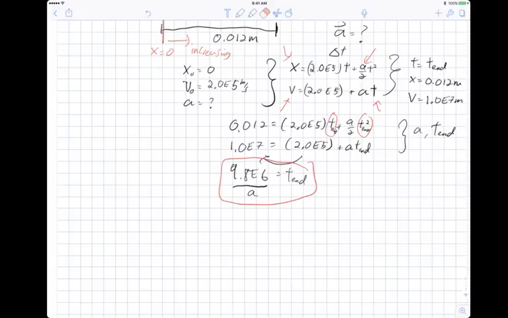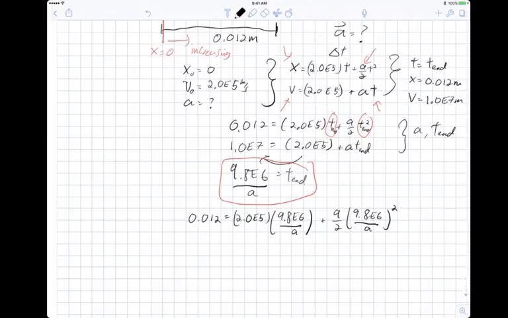0.012 is equal to 2.0 E5 times 9.8 E6 over a, plus a over 2 times 9.8 E6 divided by a, all squared.